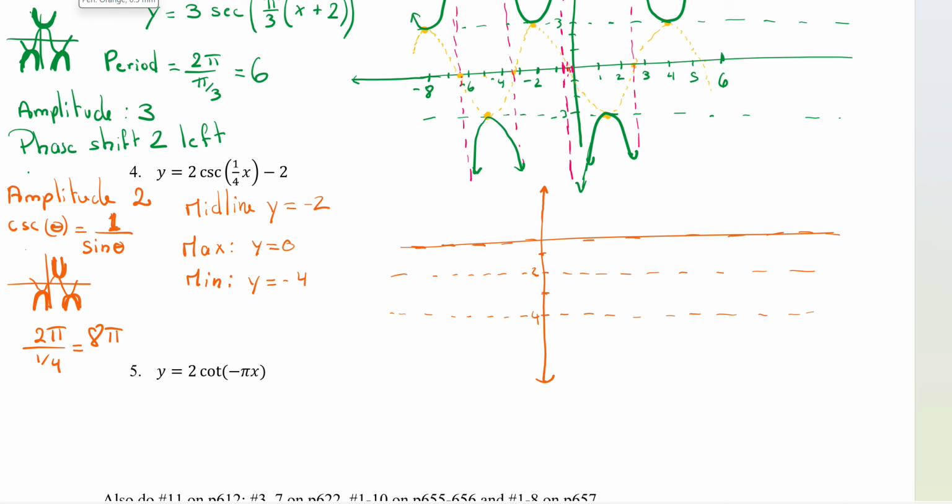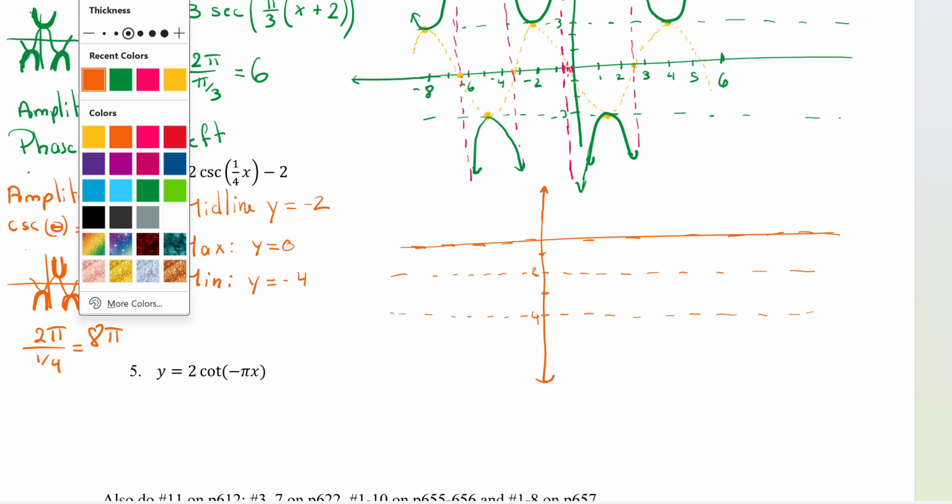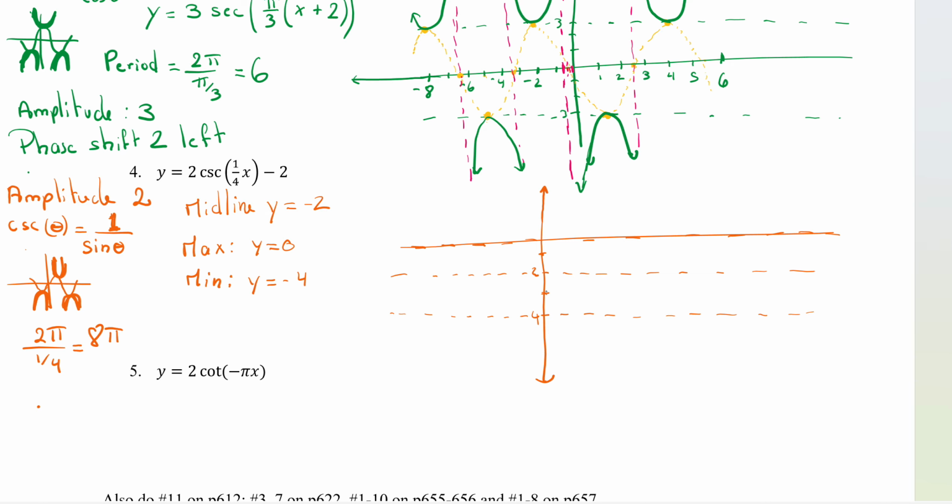I don't have a phase shift, but the period is 8 pi. So normally the sine, let's switch color here again, starts on the midline. And let's do 8 pi here.